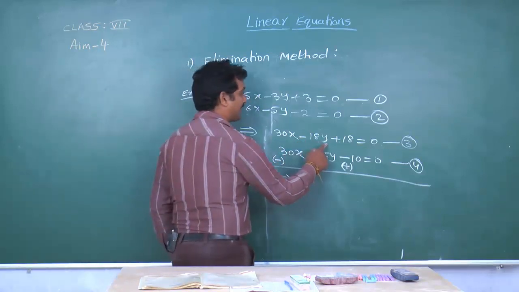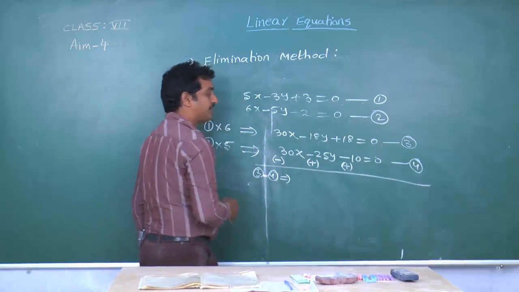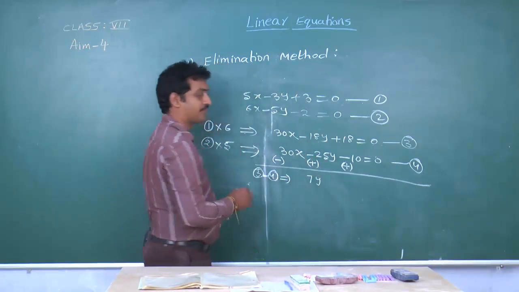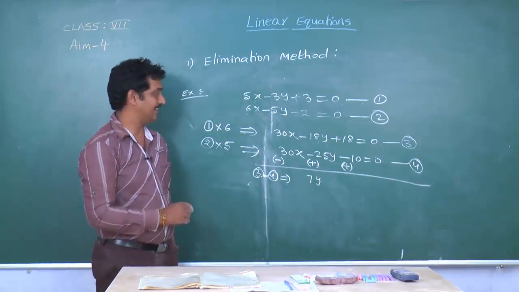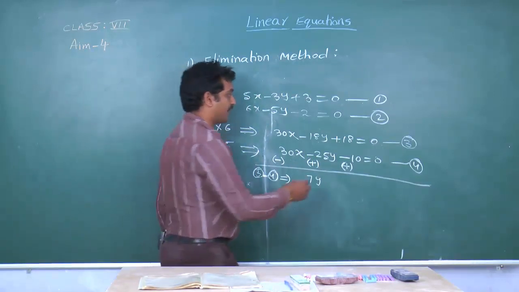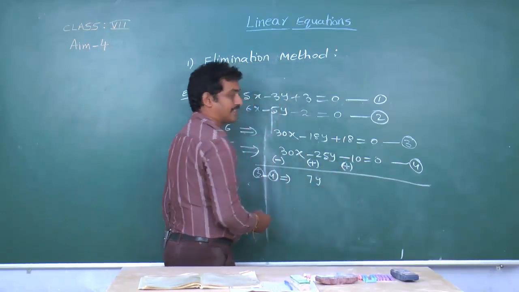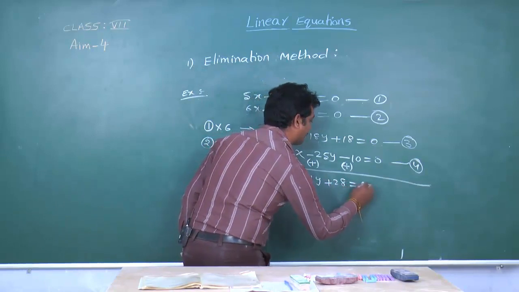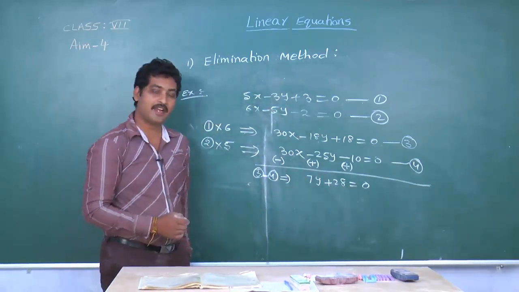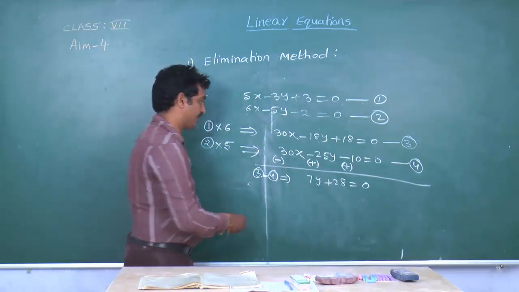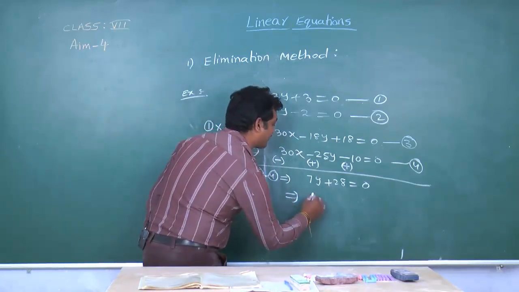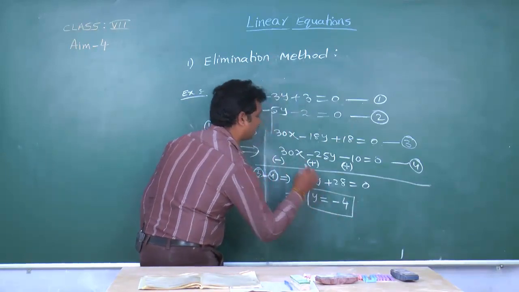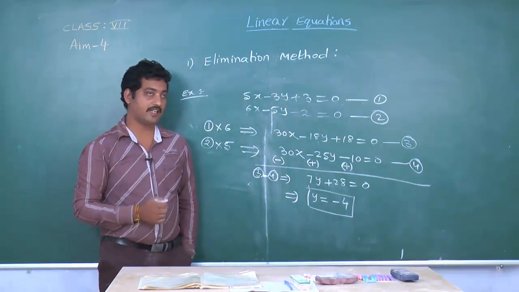Now minus 18y plus 25y, 7y is remaining. 25 minus 18, 7y is remaining. Plus 18 plus 10, 28 is there, equal to 0. By using the systematic method in a simple equation, we will get y is equal to minus 4. Y is equal to minus 4.